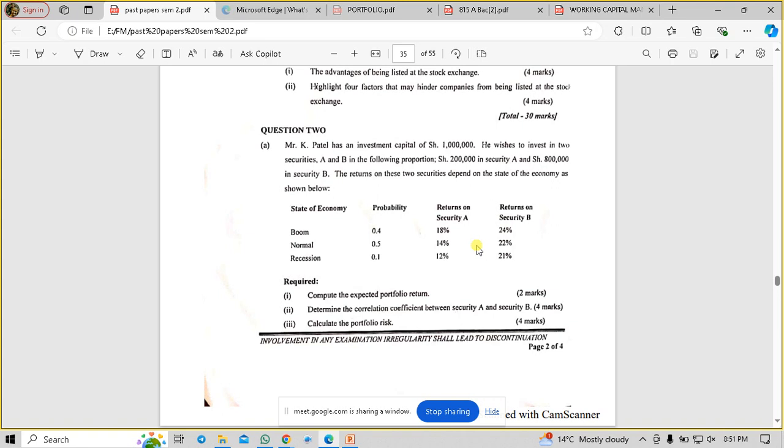So 0.4, 24 minus 22.7 squared. 0.5, 22 minus 22.7 squared. Then next is 0.1, 21 minus 22.7 squared.